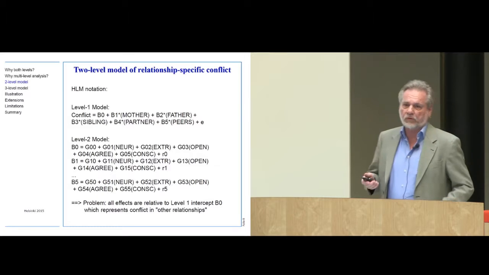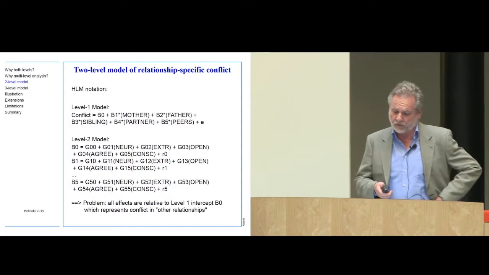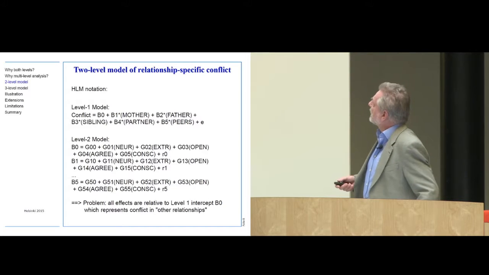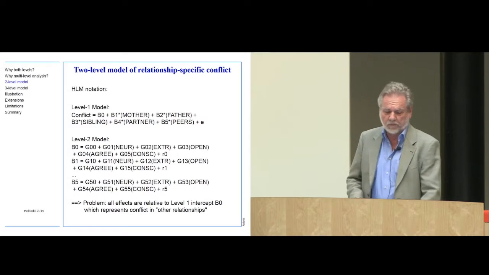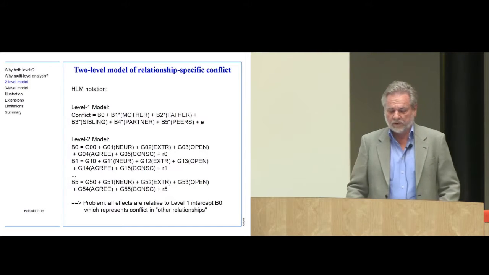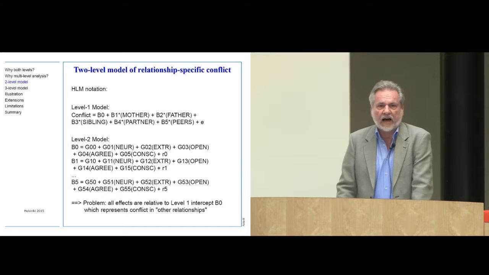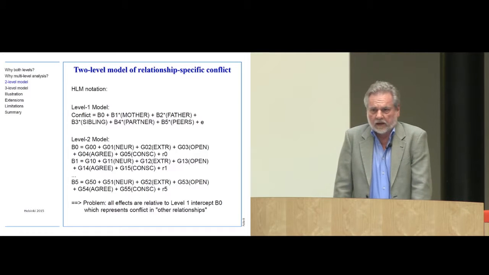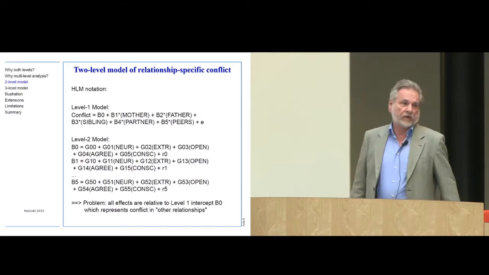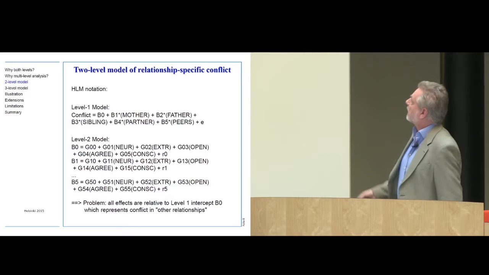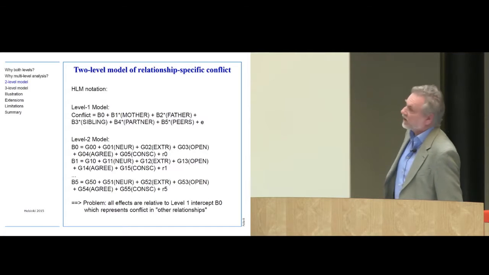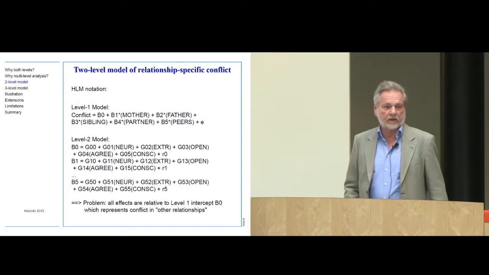Now, in this concrete case, but also in many applied settings, there's a problem. What is the intercept? Where does it refer to? Well, we do not have a dummy variable for the other category. So the intercept here represents the other relationships in this case. Of the 6, 5 are included as dummy variables.